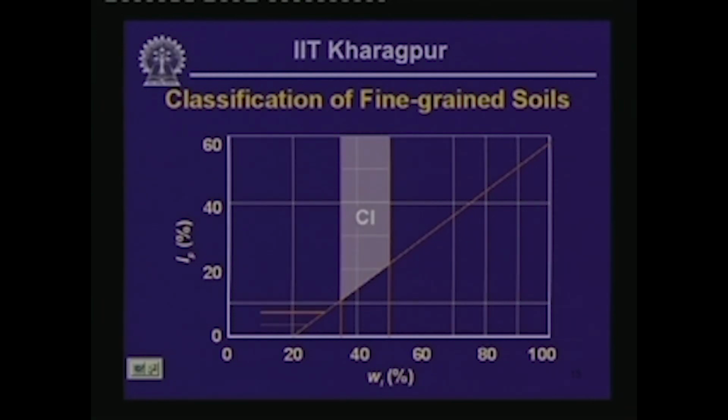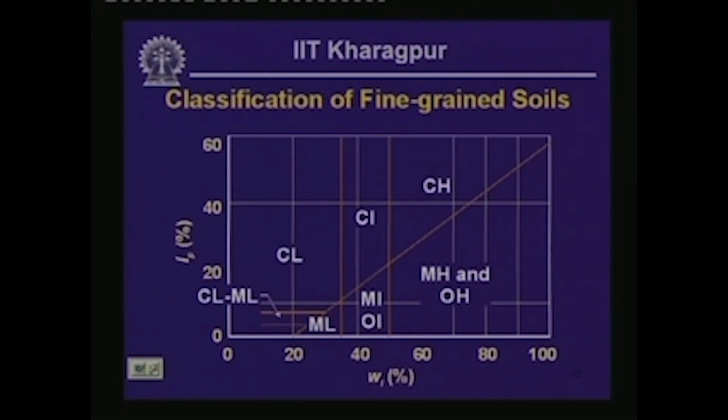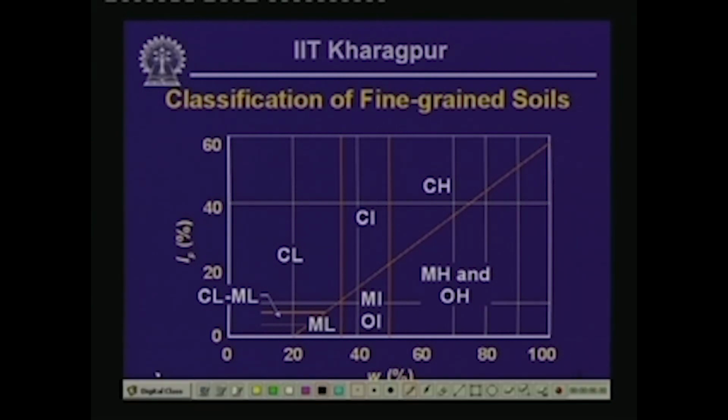Then CI if you are within that zone, and CH is if you are near the top right, and finally the set of categories are as indicated on this particular chart here. So, this particular value of liquid limit is 35%, and over here you have got 50%. The other line here is at 50%.